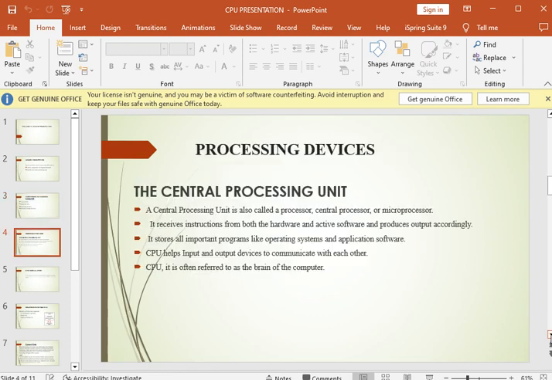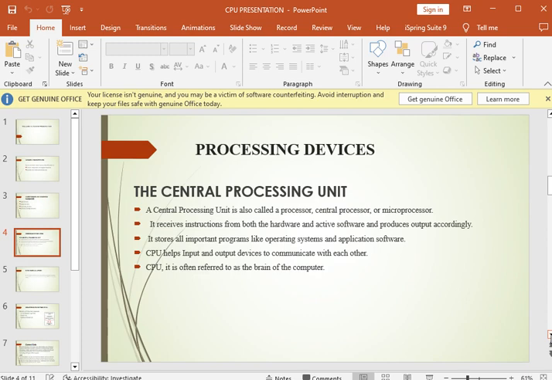Let us start with the processing devices. The central processing unit is also called a processor, central processor, or microprocessor. It receives instructions from both the hardware and active software and produces output accordingly.